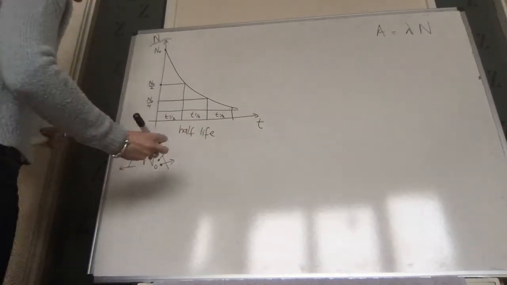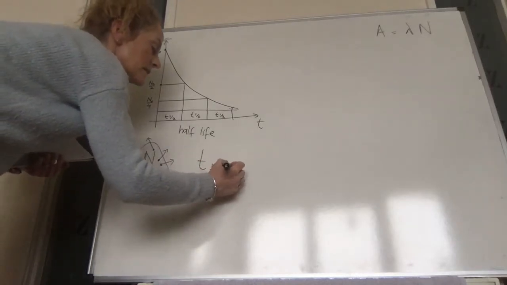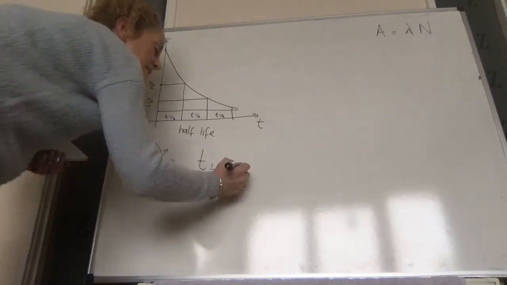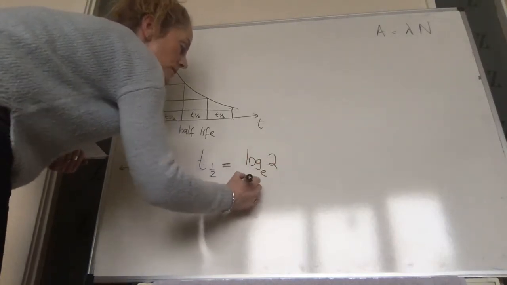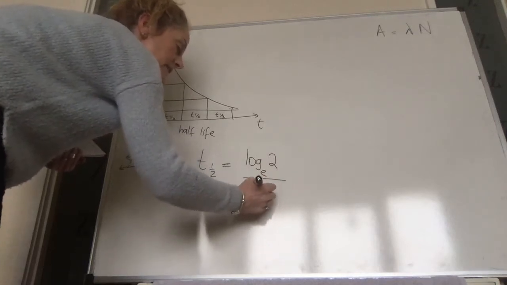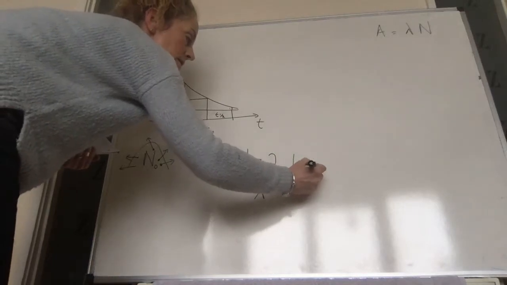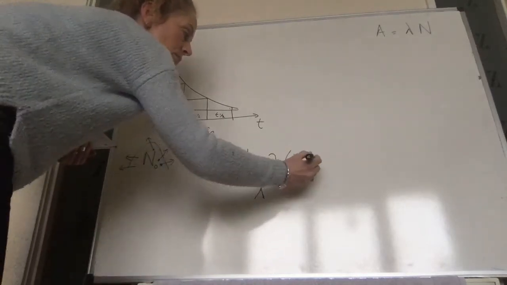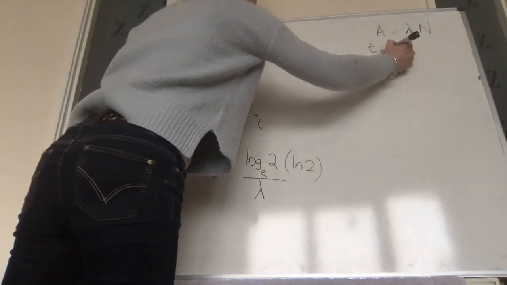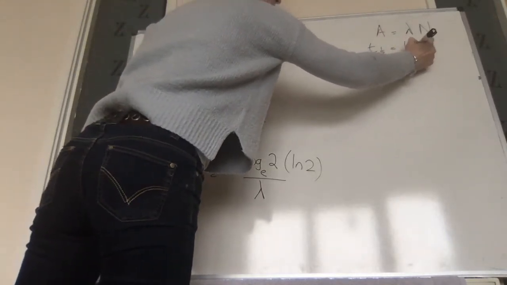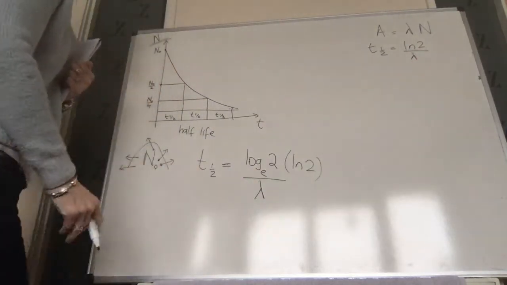The half-life is worked out mathematically, and it is found to be the log to the base e of 2, also written ln2, divided by the decay constant.